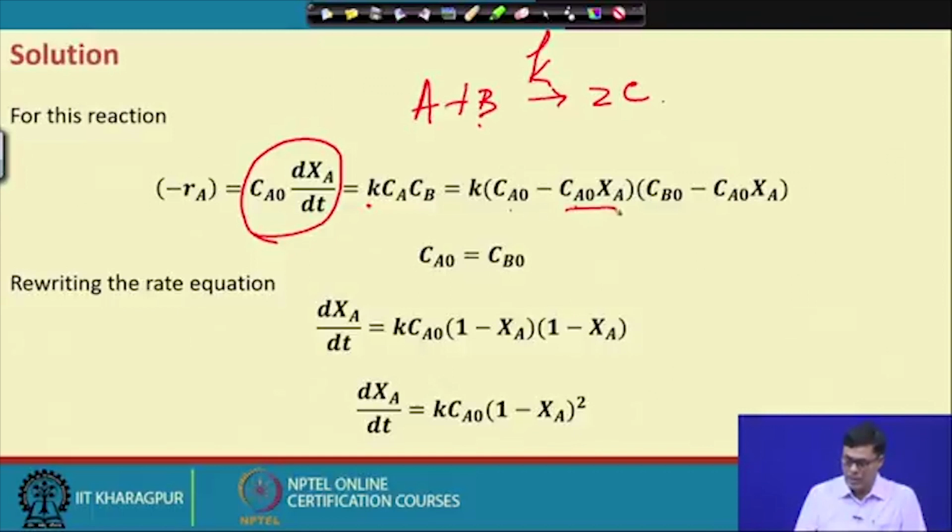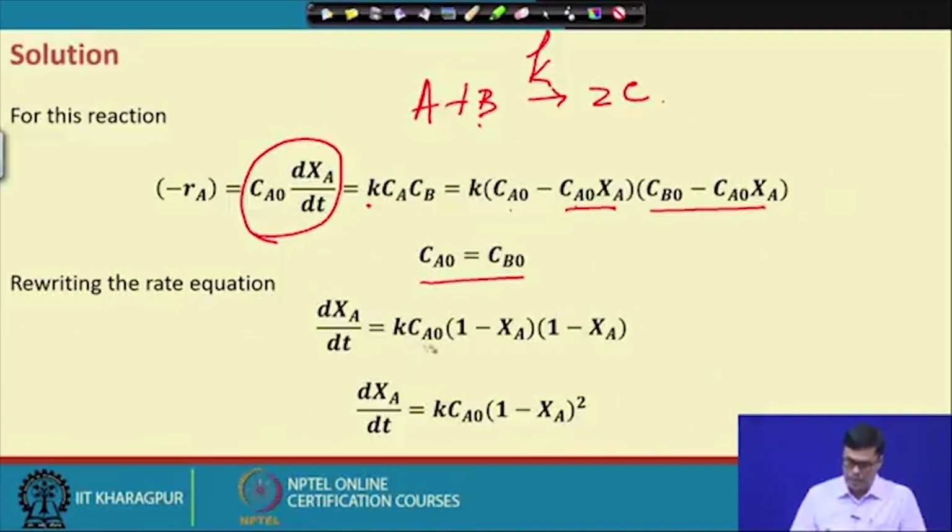This is the fraction that is converted, and that remains. And here also the same fraction Xa, equimolecular conversion, is there. So as per the problem, Ca0 is equal to Cb0. Then we can take Ca0 common, and we can have the equation like this.